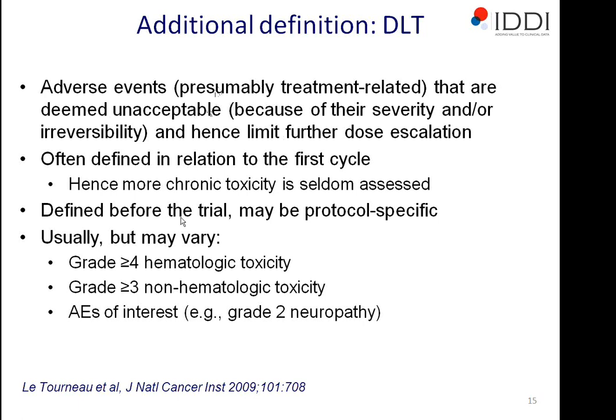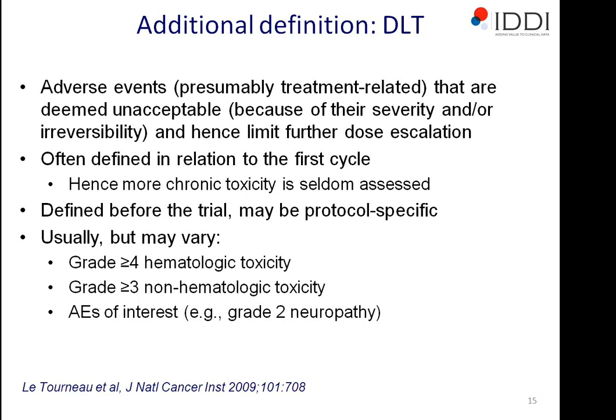So most of the times the DLTs are defined as grade 4 or greater hematologic toxicity, or grade 3 or greater non-hematologic toxicity. Although you should have in mind that these definitions are often used, but they may be changed if there's reason to suppose that a trial, for example, may have neuropathy as a significant or likely adverse event, and then other grades of this event may be considered, just because it may be irreversible in some cases.